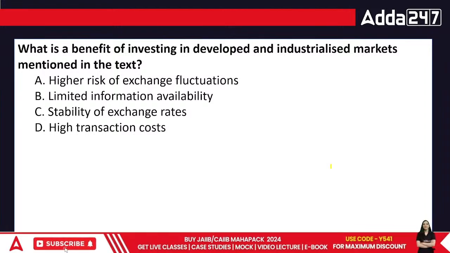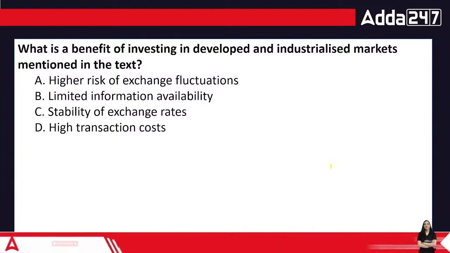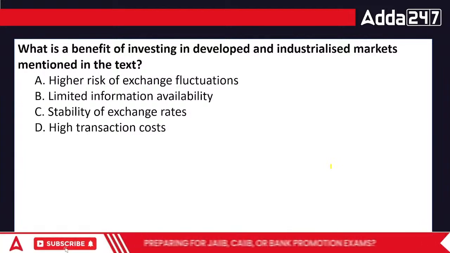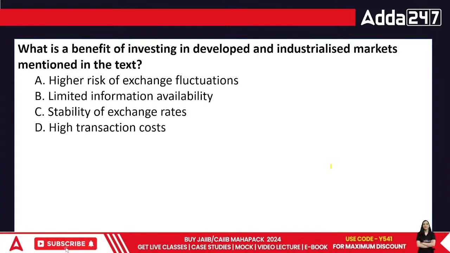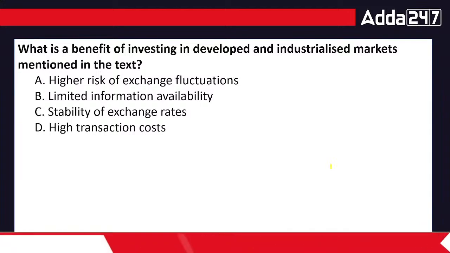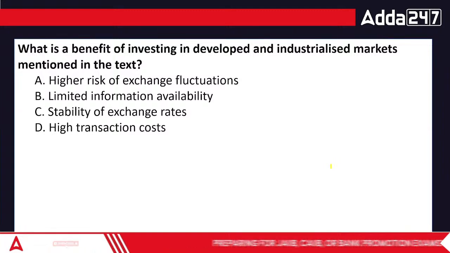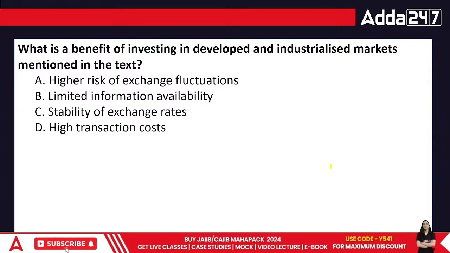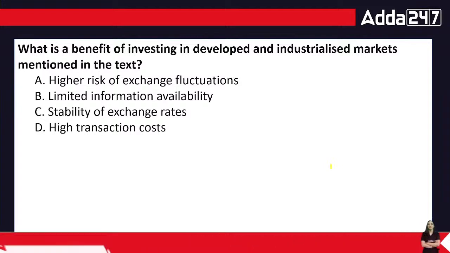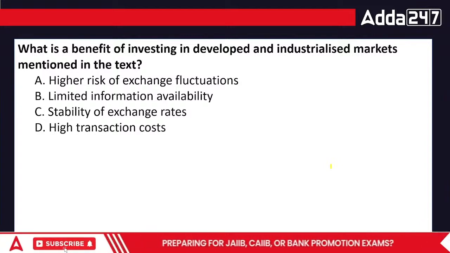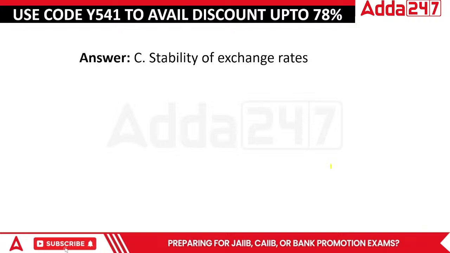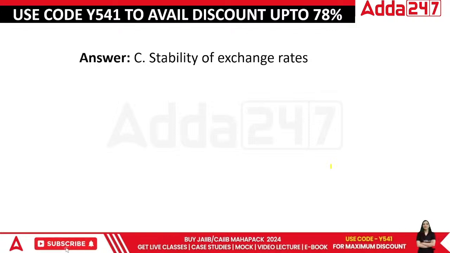High risk of exchange fluctuations, limited information availability, stability of the exchange rates, or high transaction cost. When there are high transaction costs, why would I go for it? I will go for something only when stability of the exchange rates exists.